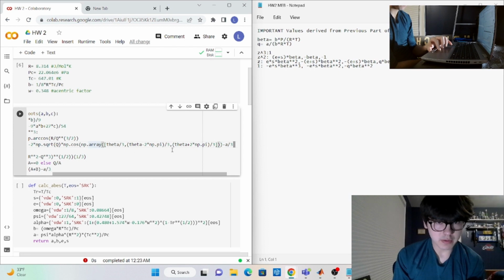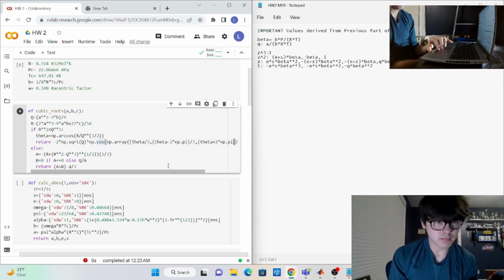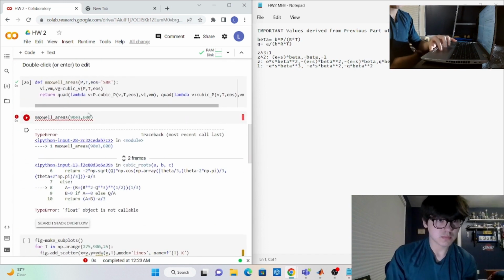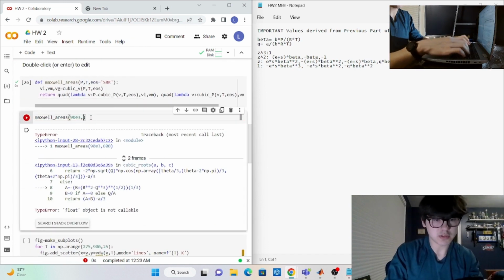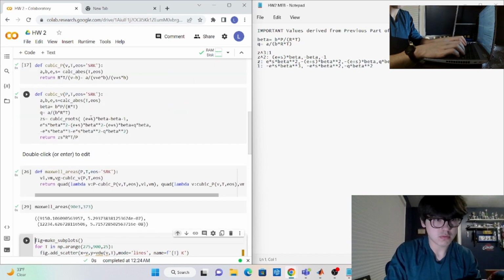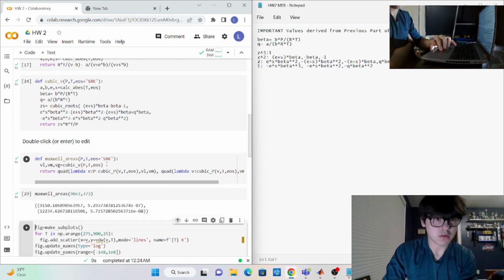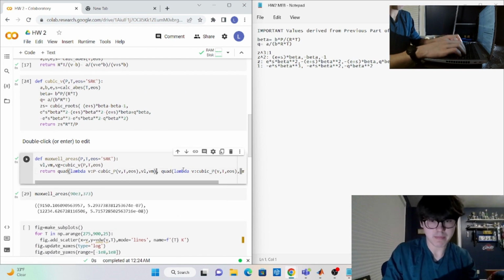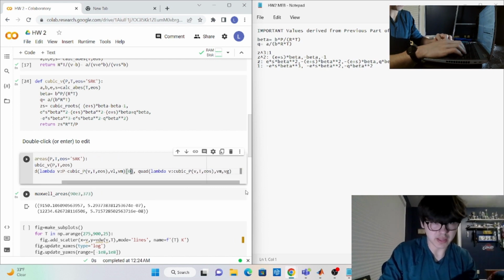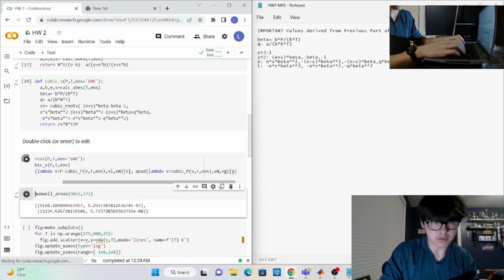Close the array. Let's try a smaller temperature, see if it changes anything. Oh, we only want the first value because we're just going to return a guess and something else. So we want 0 and 0.